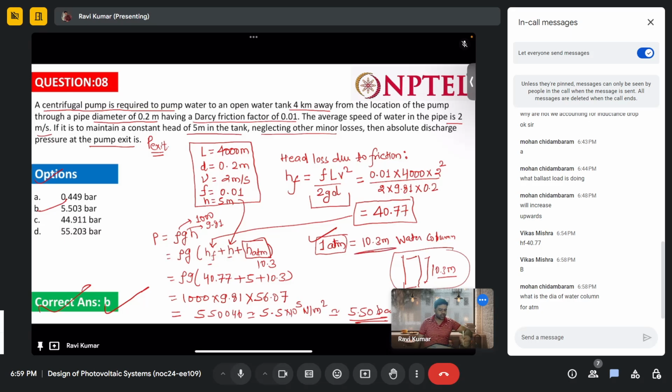I think it also comes from the volume as well. And if we consider this question, the diameter was 0.2. Let me check if there is some information about the diameter. So in this question, we need to take it as 0.2.